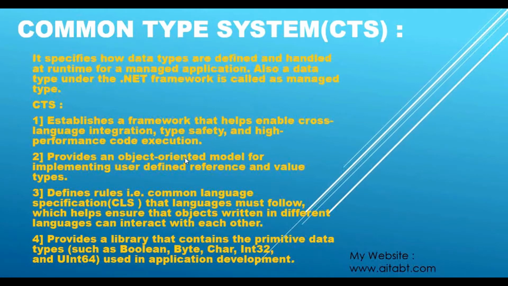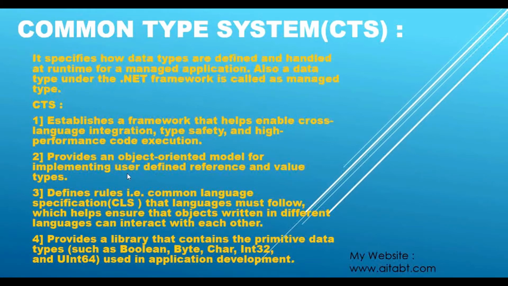That's what we call cross-language integration, and CTS is the one which establishes a framework that helps us do this. Type safety is also provided, which we talked about in part 1 of this tutorial series, so please check that out. And high performance code execution.